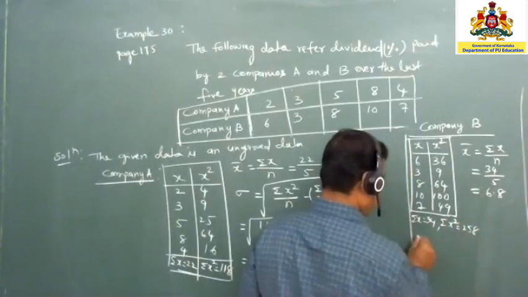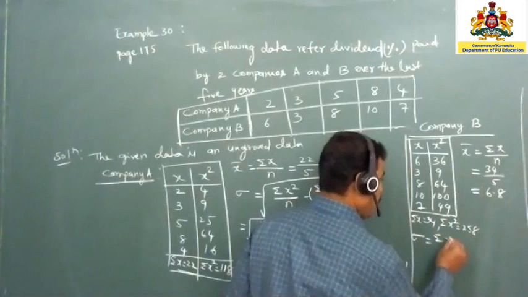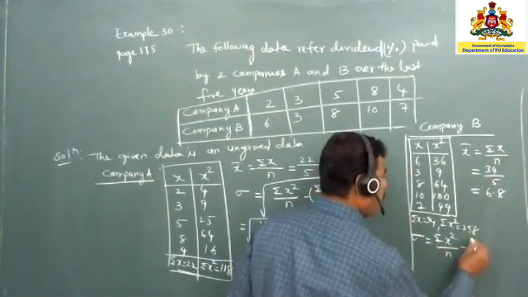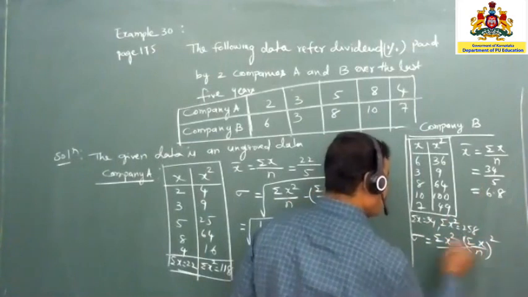Then sigma equals square root of summation x square by n minus summation x by n whole square.